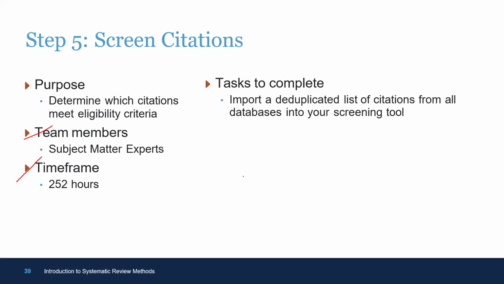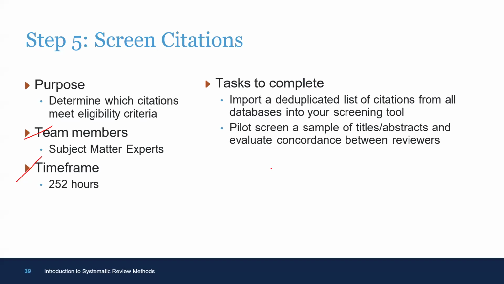But let me give you the tasks. The first task is to make sure you import and remove the duplicates. So get all these results, import them into your tool, and then remove the duplicates. And then you need to pilot the screen to see what you're capturing.